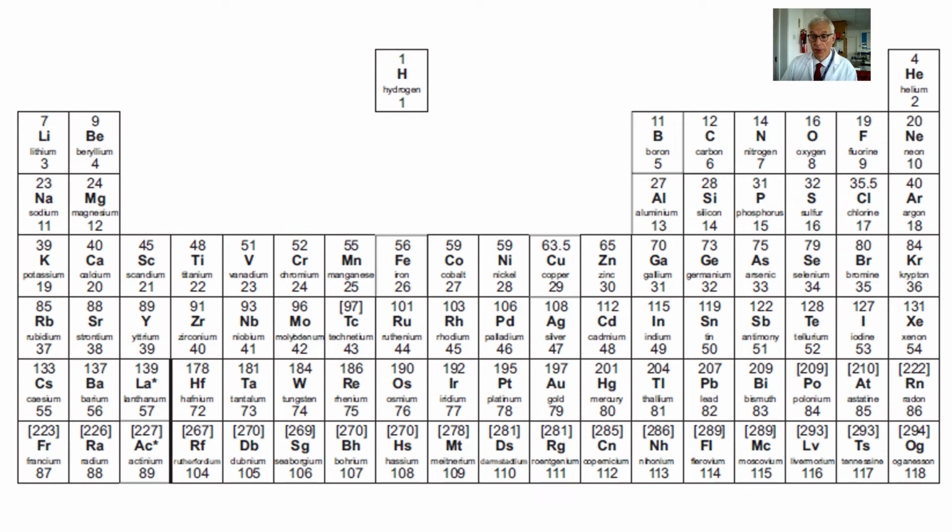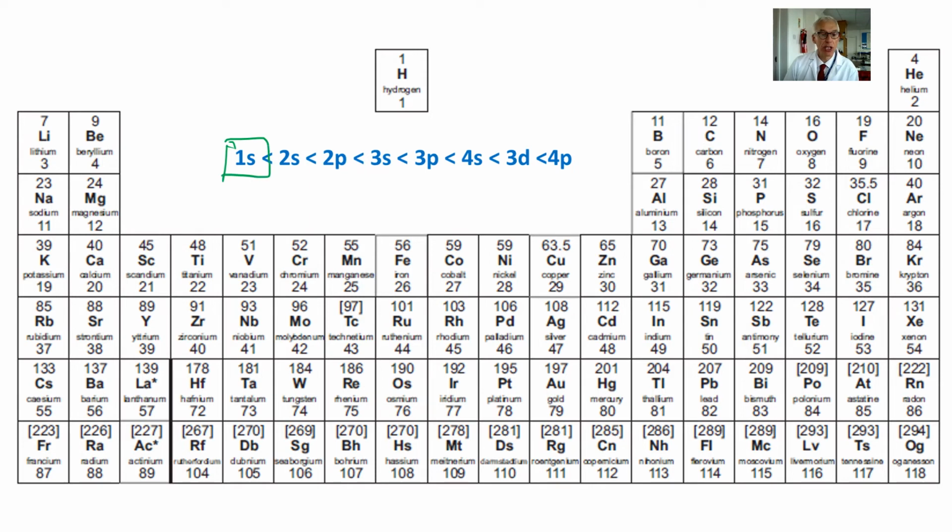Now, the periodic table reflects the order of subshell filling. So we can use the periodic table to recall or to remind us of the order of subshell filling. So there is the order of subshell filling. And you will see 1s, we know there's 2 electrons.